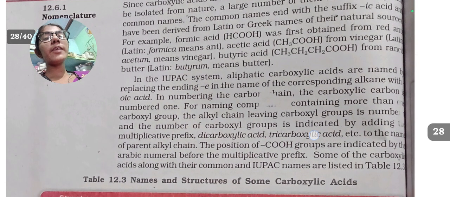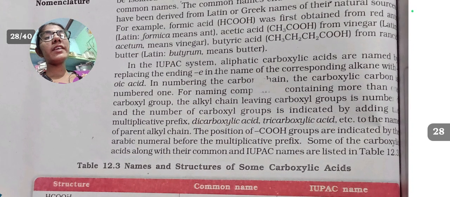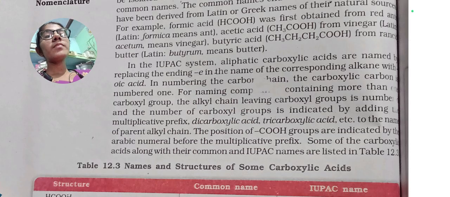In the IUPAC system, aliphatic carboxylic acids are named by replacing the ending e in the name of the corresponding alkane with oic acid. In numbering the carboxylic acid chain, the carboxylic carbon is numbered one.